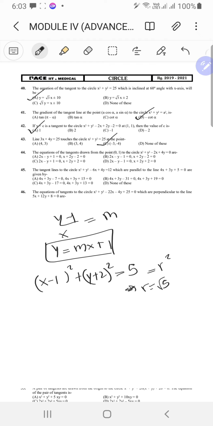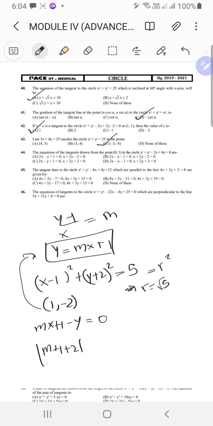Perpendicular distance should be equal to the radius basically. So perpendicular distance from (1, minus 2) to this line, what is that? Maybe I should write it like this: mx plus 1 minus y equal to 0. So put 1 over there, you get m plus 1, and then minus 2, so plus 2, upon the square root of m squared plus 1.